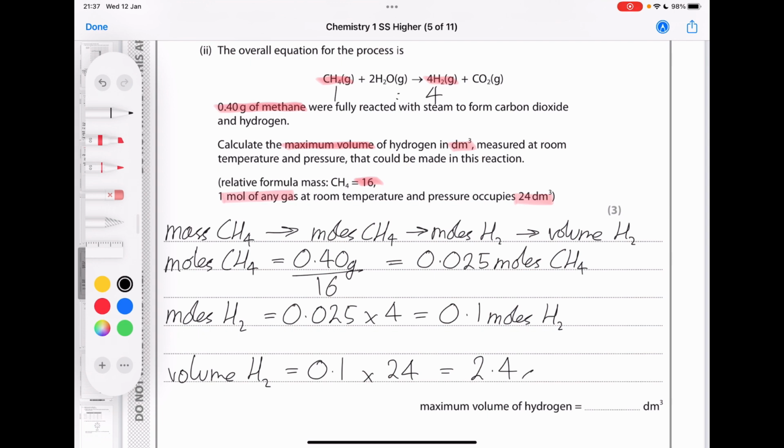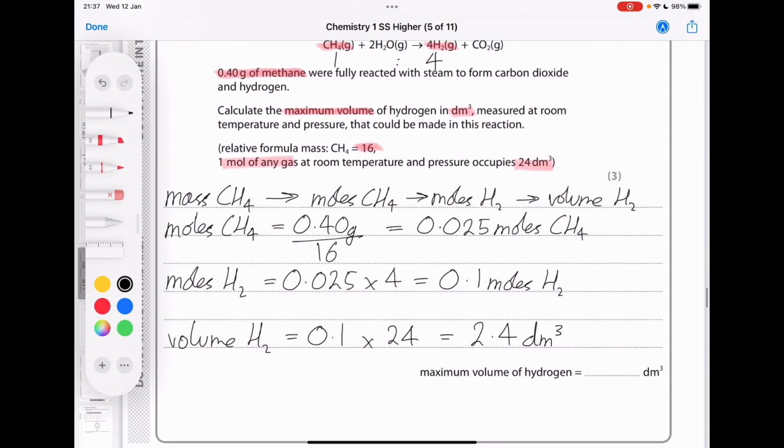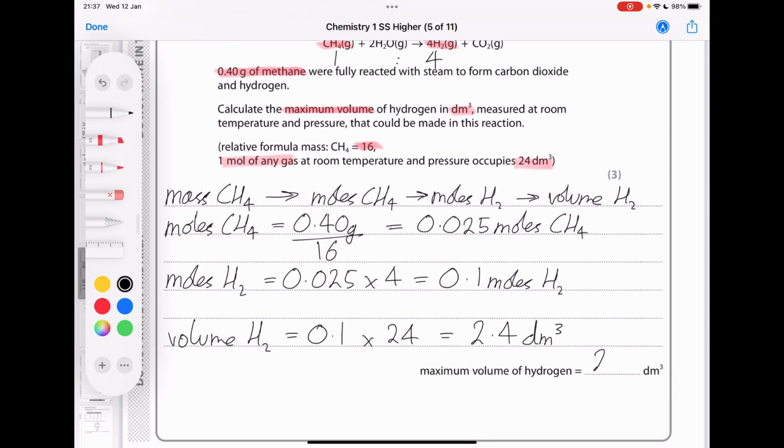And that is in decimeters cubed, because they told me 1 mole occupies 24 decimeters cubed. So I don't need to do any unit conversions. There's nothing on here about decimal places or significant figures. So my final answer is 2.4 decimeters cubed.